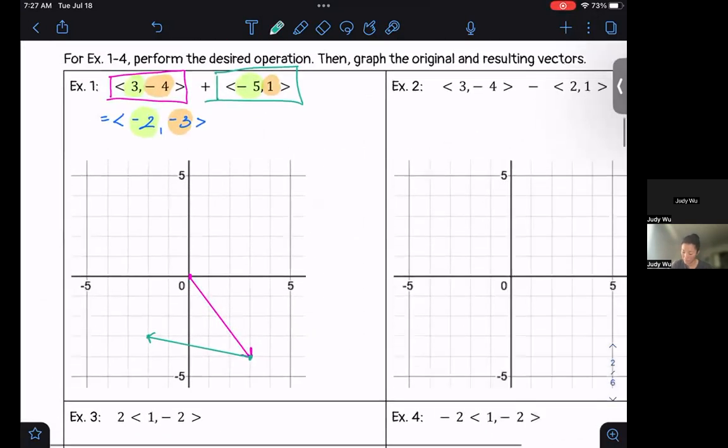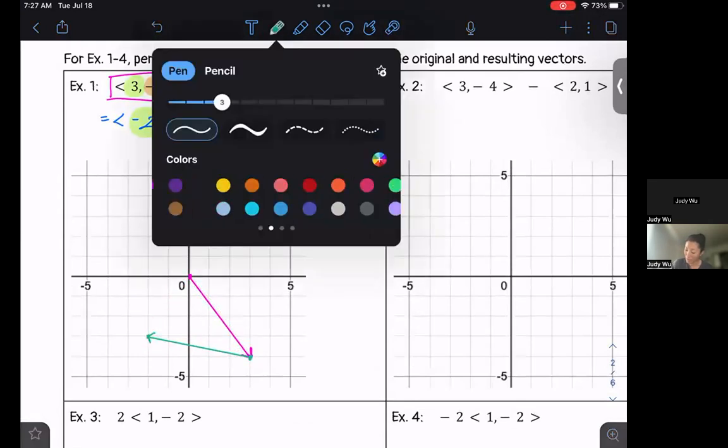Okay. Now, why is it important to line them up head to tail? All right. So we might start to see that we have almost a triangle. If I could just connect that side, I would actually have the triangle. Okay. So check this out.